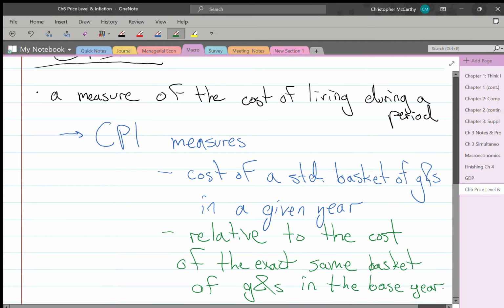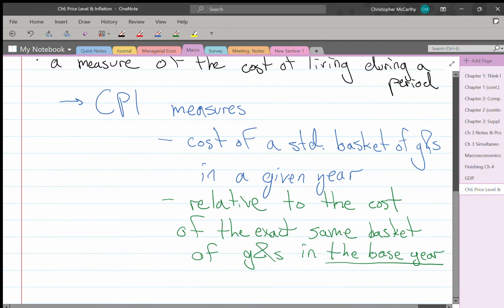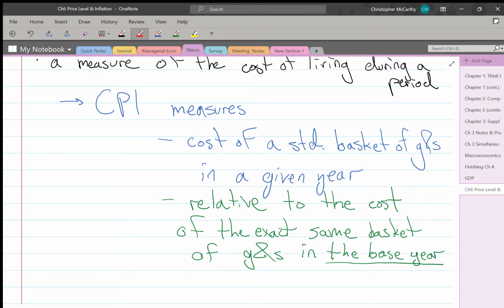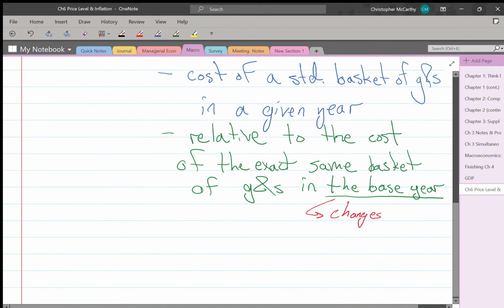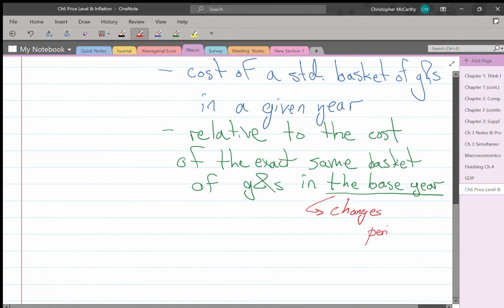So at the end of the day, we need some kind of benchmark to compare, and so we usually pick some year, 1990, 2000, 2010, whatever the case may be. So this base year changes periodically. You know, in a few years, it'll probably be 2020. That'll be the base year.